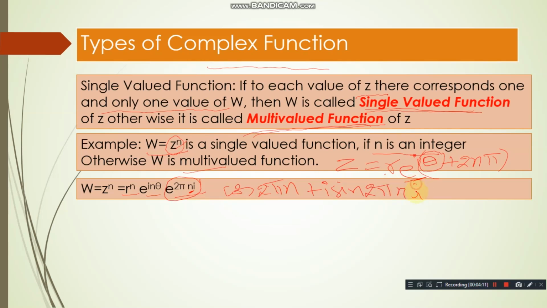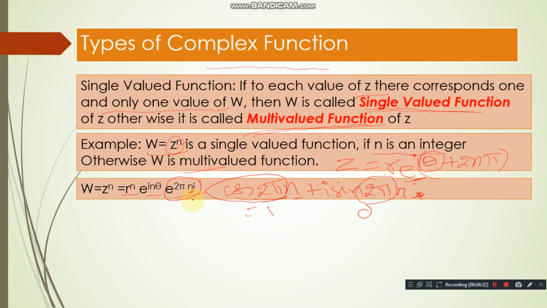Is that clear? If n is an integer, this is the even number. The cosine of 2 pi n value is nothing but 1, and sine of 2 pi n is nothing but 0.